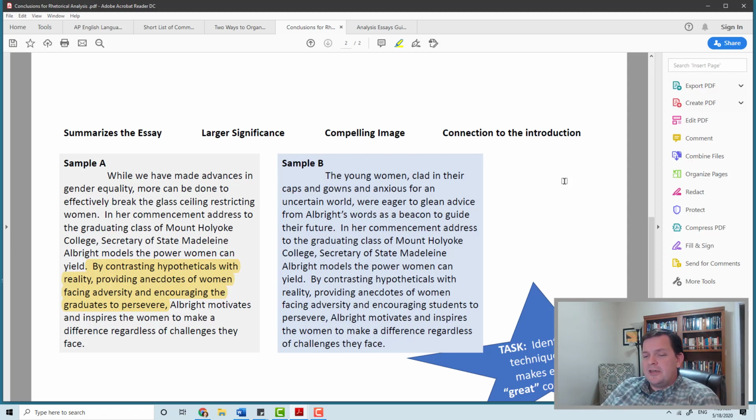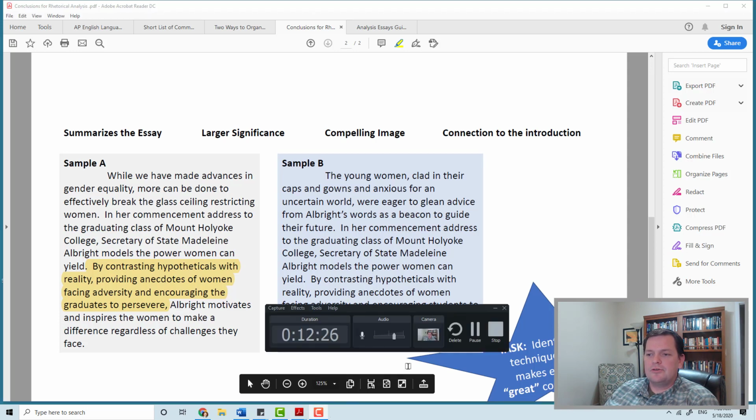This part of it, the summary, is very much like what was stated in the other conclusion, but the conclusion is just better because of the compelling images, and if you'd read the essay, there's also a connection to the introduction that's made here that is effective and brings it sort of in full circle. So those are just some things that I think you can do to make your conclusions more effective.